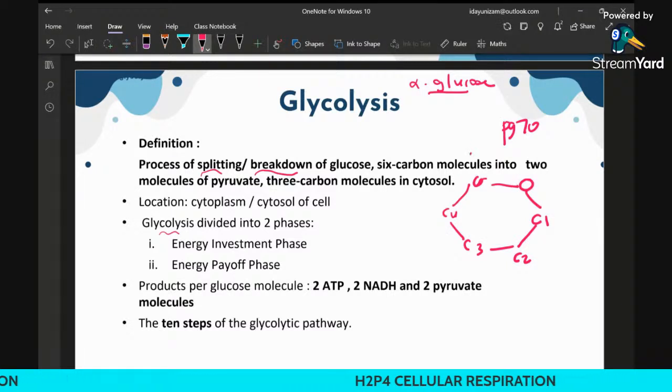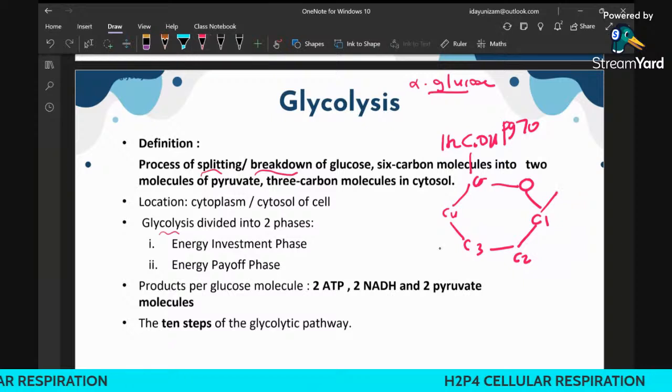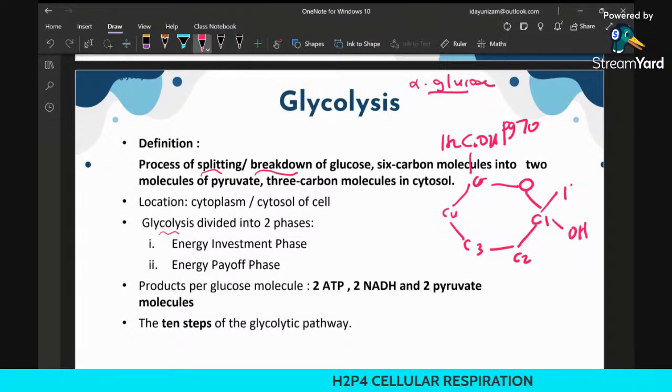On top is carbon 6, CH2OH. Alpha OH is at the bottom. So this is the carbon.